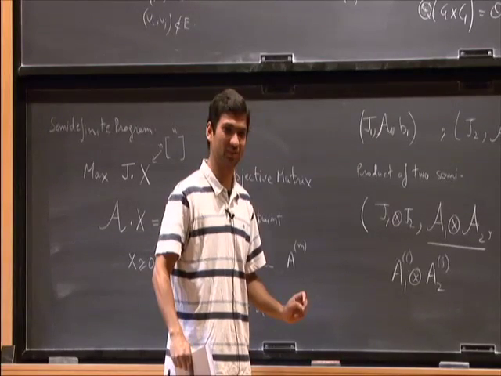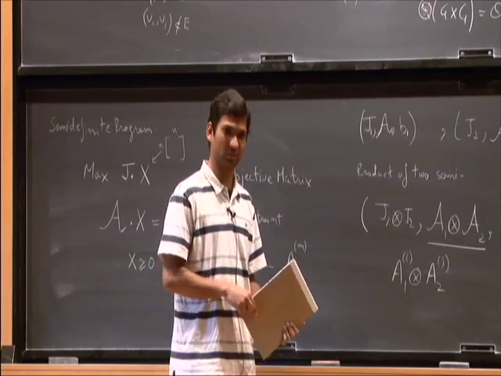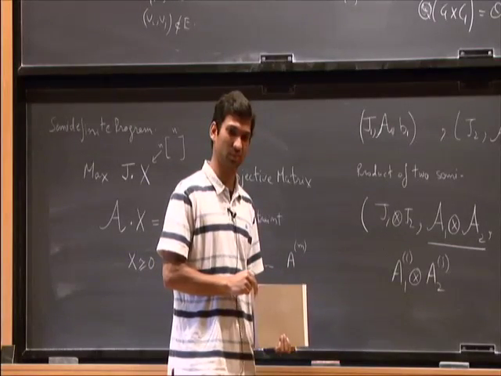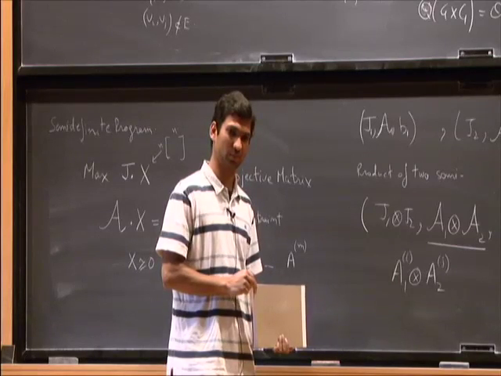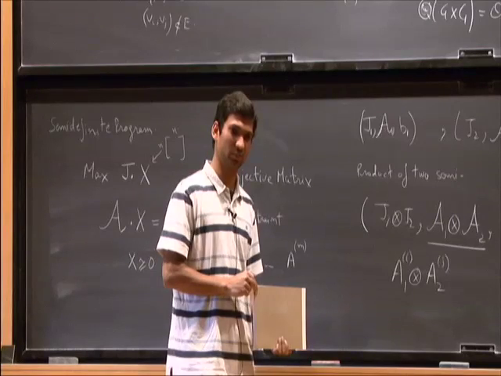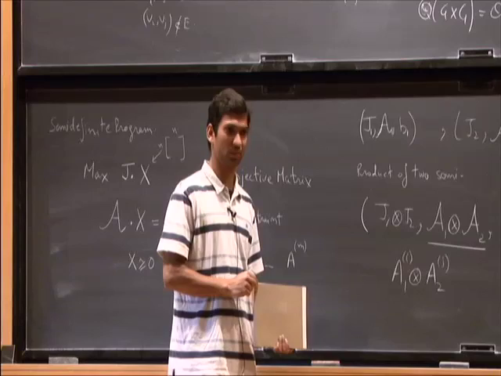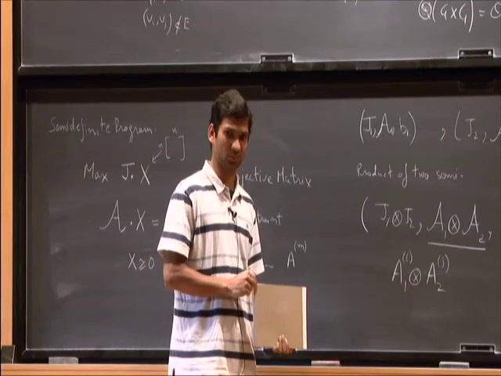J1 tensor J2 is going to be an n squared dimensional matrix. So, what's the product solution? Say you've got a solution to J1 and a solution to J2. The product solution is just the tensor, vector by vector tensor. And that's one candidate solution.